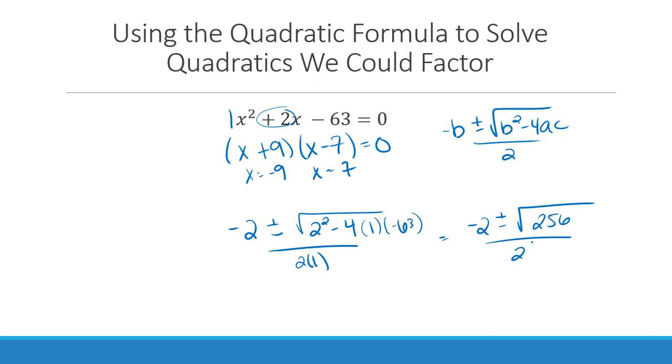So we do want to see, can this be simplified? And so the square root of 256 is actually just 16. So this means -2 plus 16 divided by 2, but this also means -2 minus 16 divided by 2. This is what plus or minus means here. And so this one is going to give us 14 divided by 2, which is 7. And this one's going to give us -18 divided by 2, which is -9. So lo and behold, the same solutions we got with factoring.